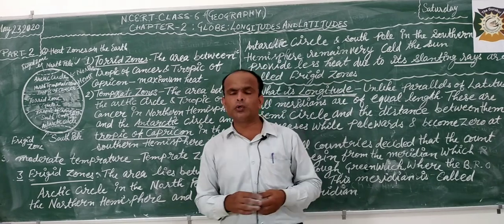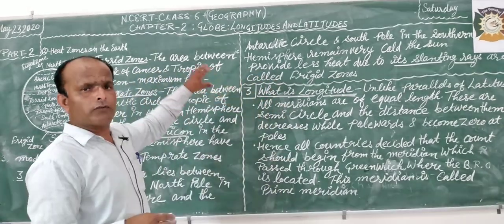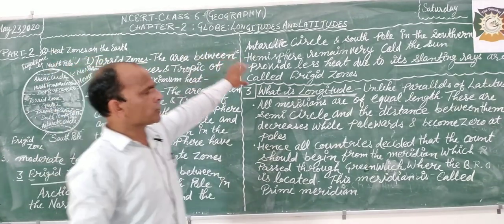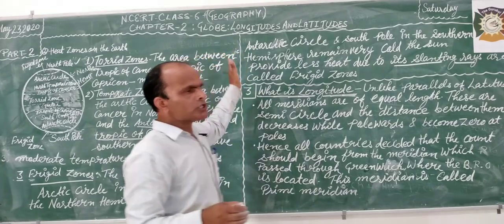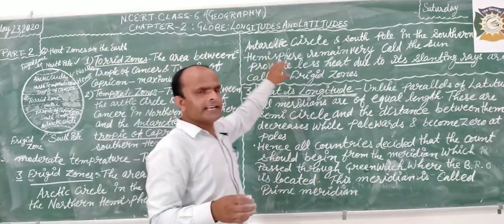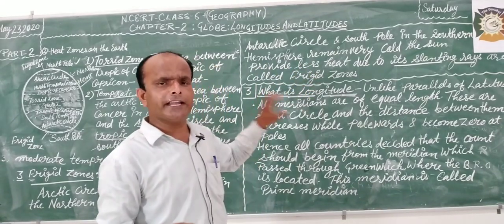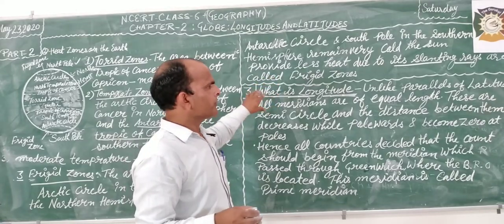What is longitude? You already know what latitudes are. Latitudes are the horizontal lines on the earth that tell us the location of any place on the globe.